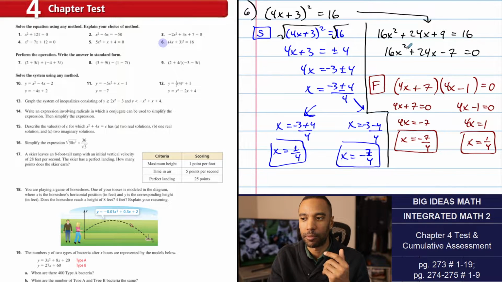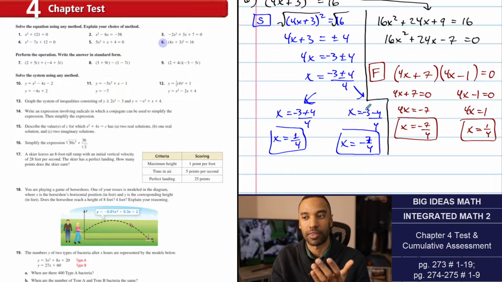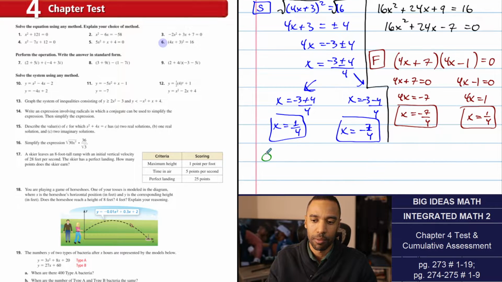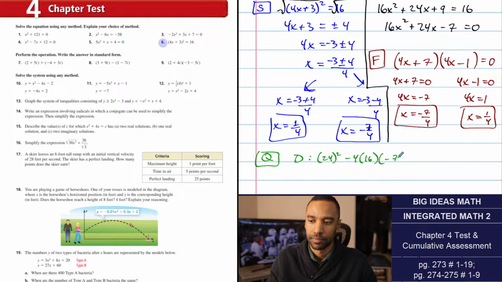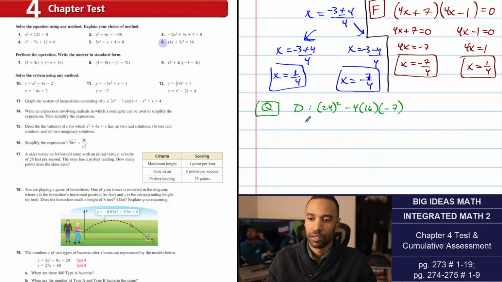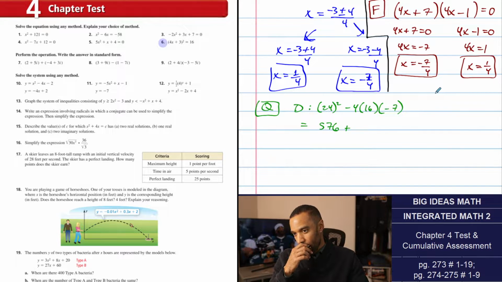Now, quadratic formula, I'm going to work off this one as well. I might have to whip out the calculator. So for the quadratic formula, I'm going to go off the discriminant being b squared minus 4ac. This equals 576 plus 448.